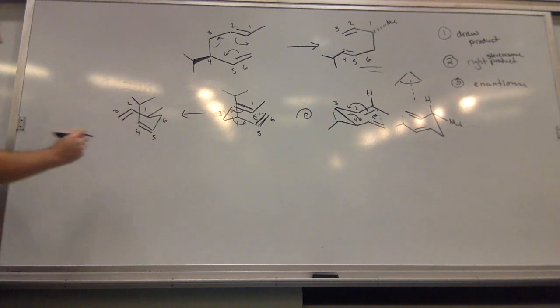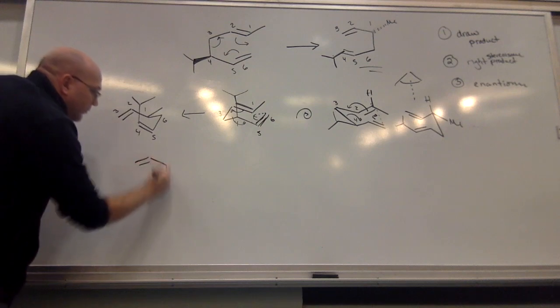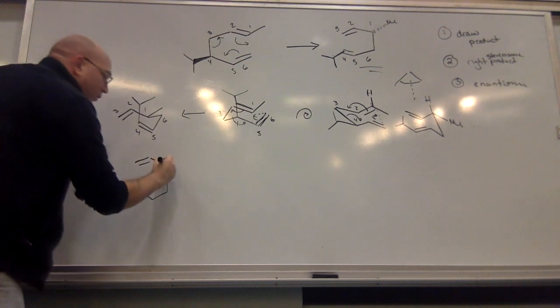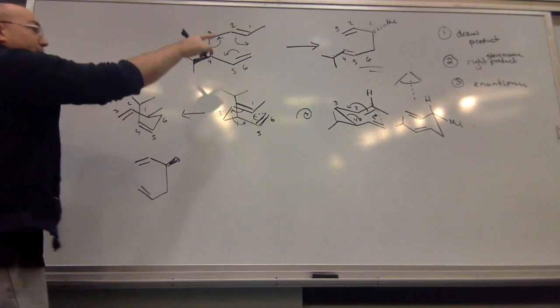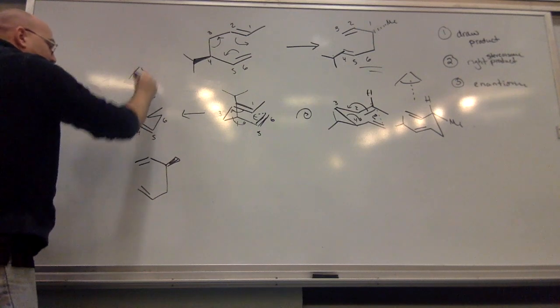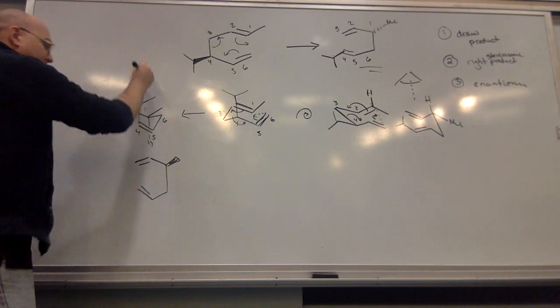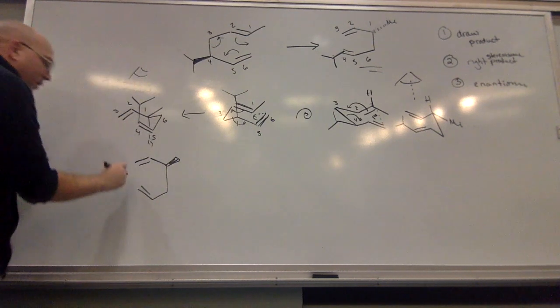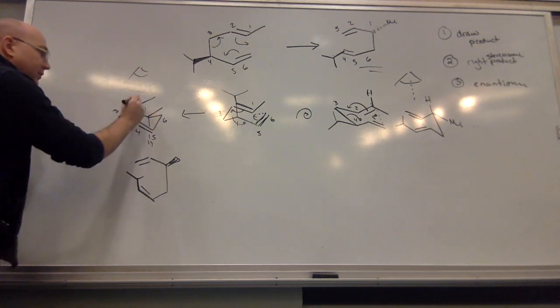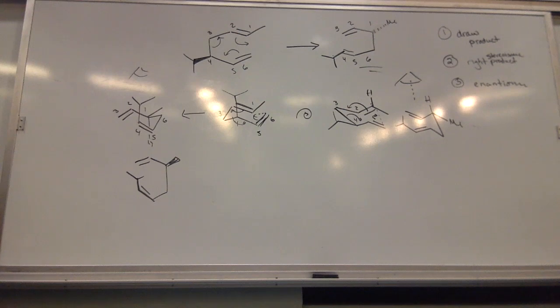Our isopropyl would be there. As it's drawn, the methyl group would still be going towards us, because the proton is going away. As we're looking down, our isopropyl group would now be cis. You guys see that? Okay.